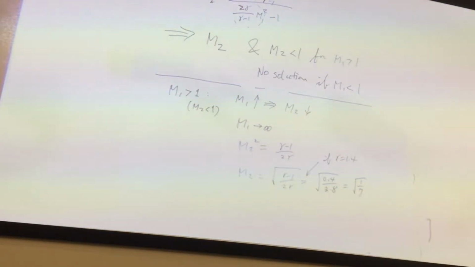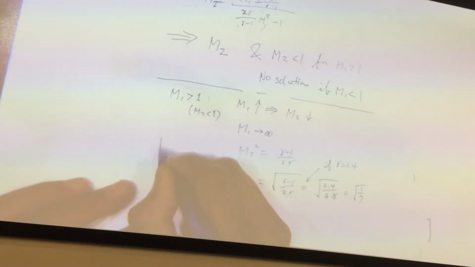So 1/7 is what? Square root of 1/7 cannot be 0.4 but greater than 0.3. So it's about 0.3 something. So M2 will not go to 0, it's the asymptote.